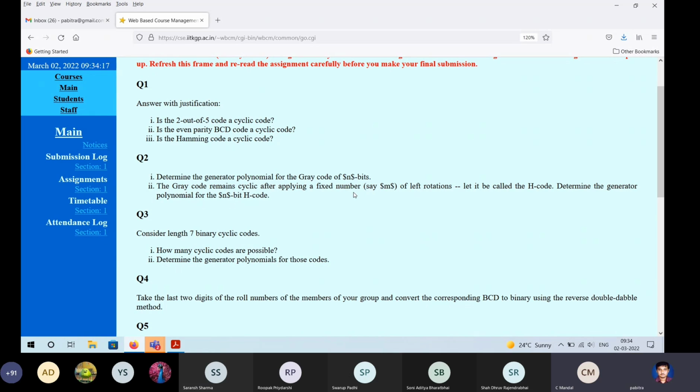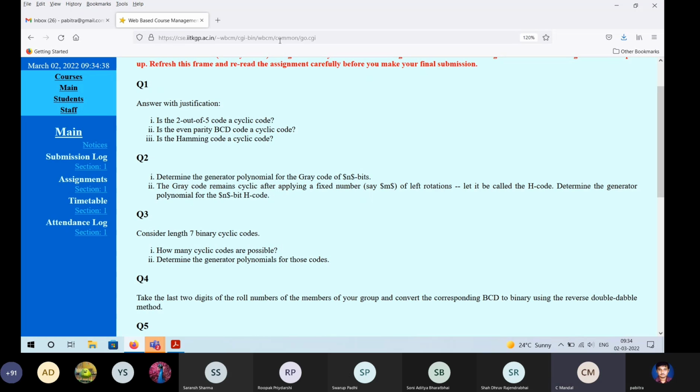So, if you have already seen that it's a cyclic code, then you just have to give a proof that, okay, it is cyclic. That's all. So, whatever assumptions you need to make for that proof, you can state those assumptions. Okay, sir.